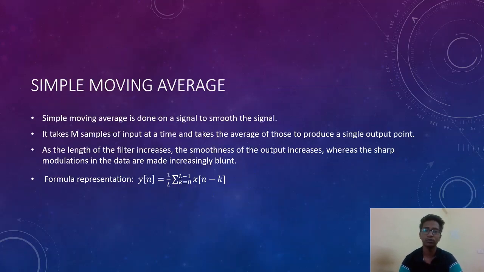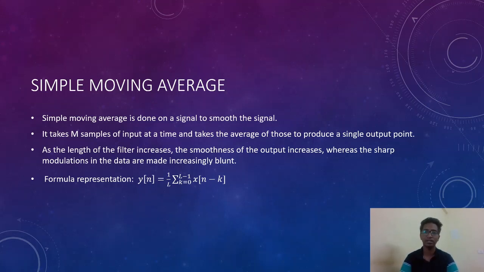So moving on, as explained, the simple moving average filter is used to smooth out the signal, and what we do is we take L samples at a time and we average them, and that is taken as that instant. So what does L samples mean? The current value and the previous values, the summation of all of them. Now what is the problem with this simple moving average filter?